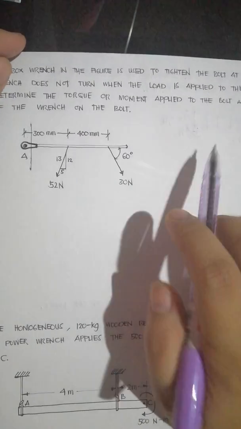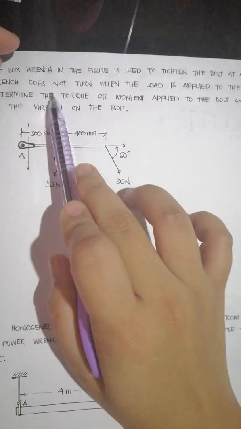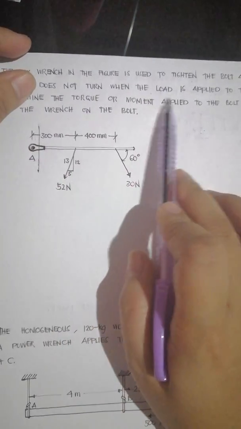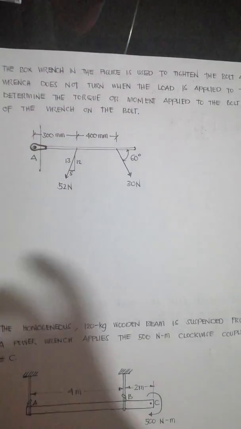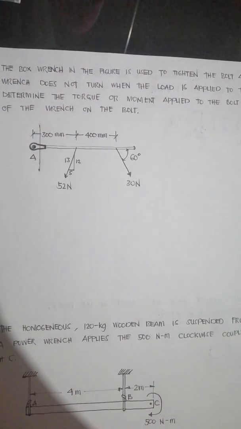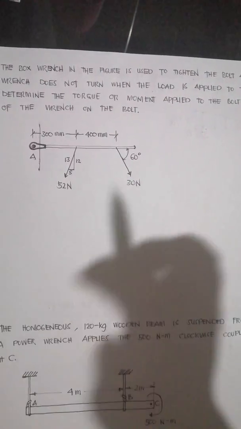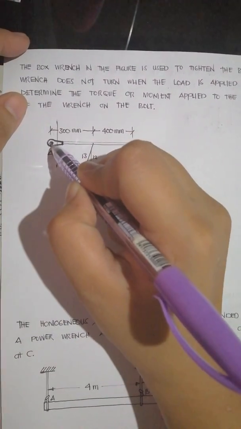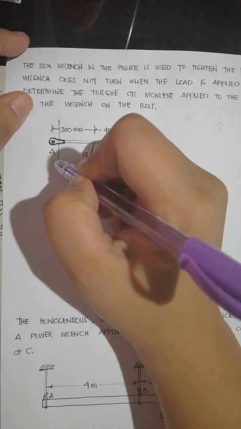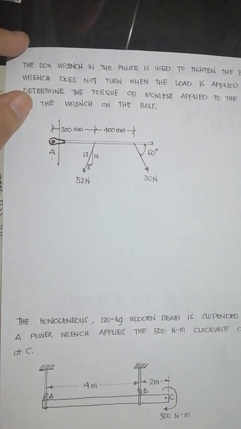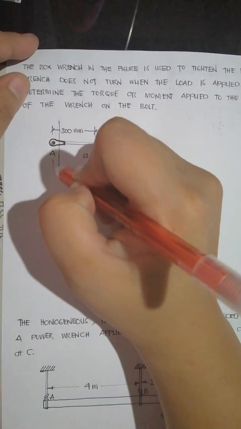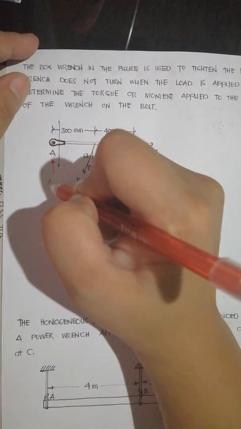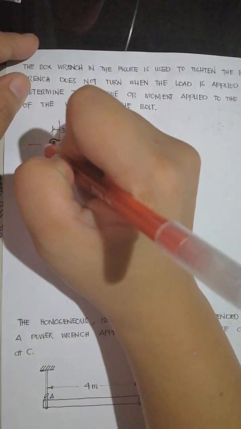Since it is said here that the wrench does not turn when the load is applied, then, being a pin support, it has both a vertical and horizontal reaction.